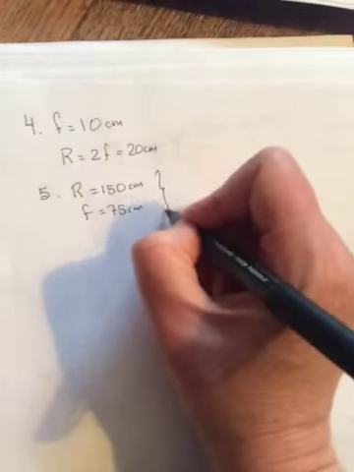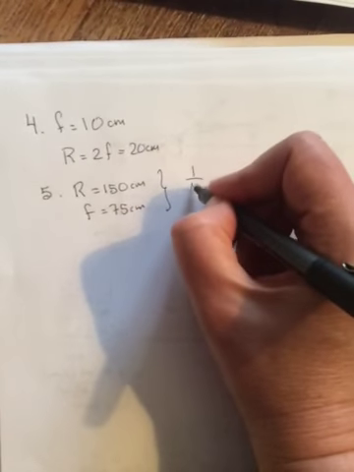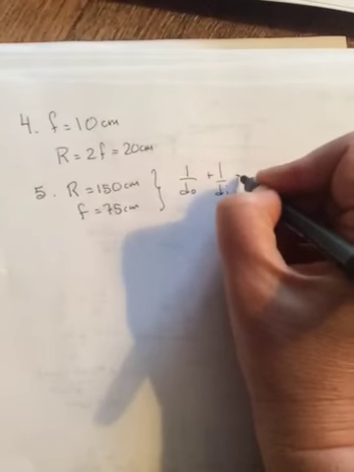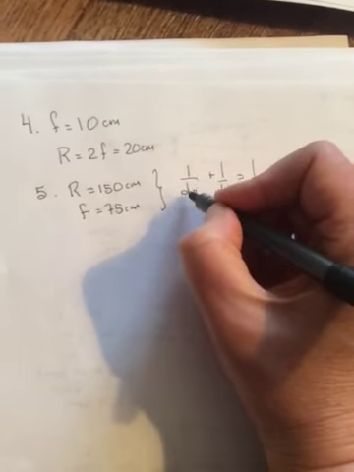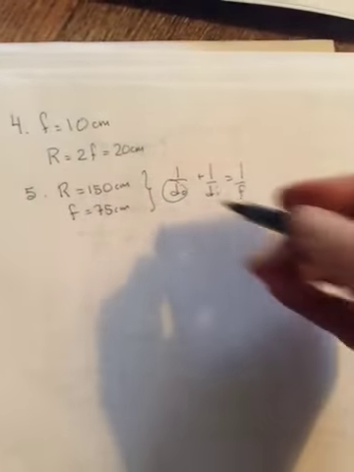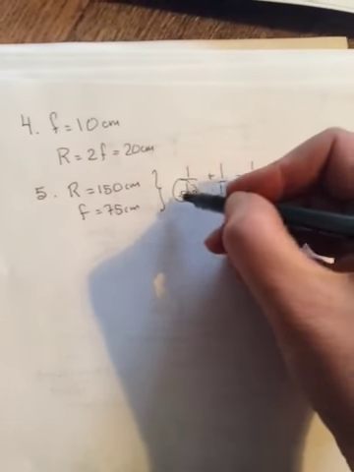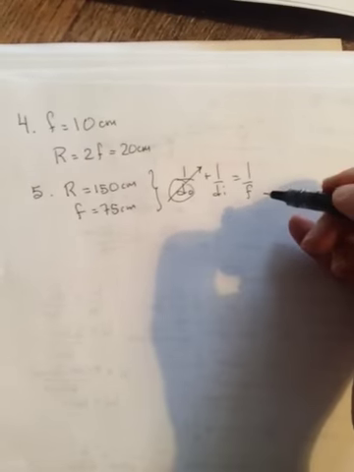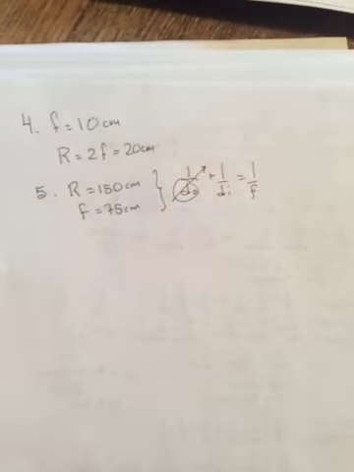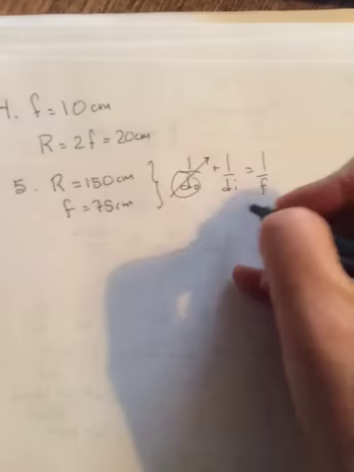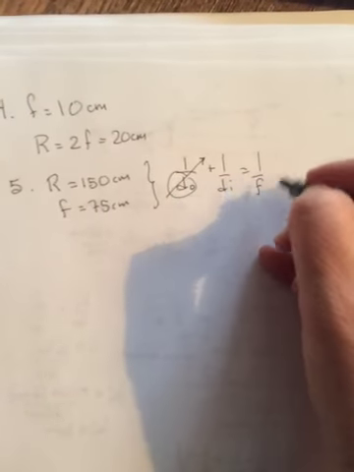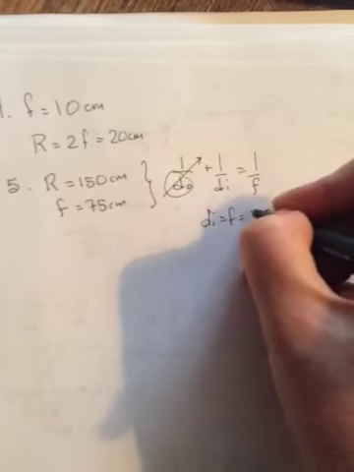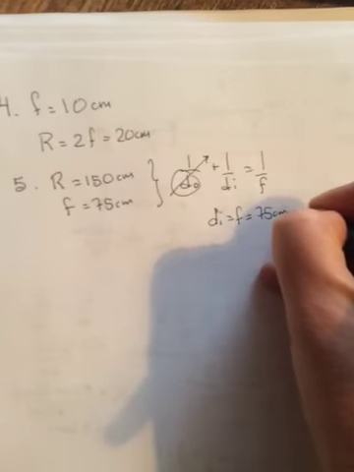And if you remember from a video the other day, I said if the object is distant, then DO is going to be really, really big, and for a star, it's really, really big, which means 1 over DO is going to be really, really small, which means the image is going to form at F, because if 1 over DI is equal to 1 over F, DI is equal to F, which is 75 centimeters.